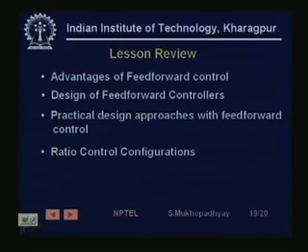So this is what we saw, and then we saw a ratio control configuration, which is a mixed feed forward feedback configuration, in the sense that the disturbance to the plant, you can say the wild stream, we are sensing, and at the same time we are creating a feedback so that the control stream is being controlled in a feedback configuration whose set point is coming from the wild stream, which may or may not be in our hand.